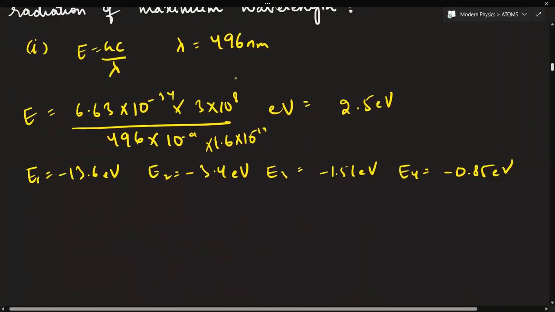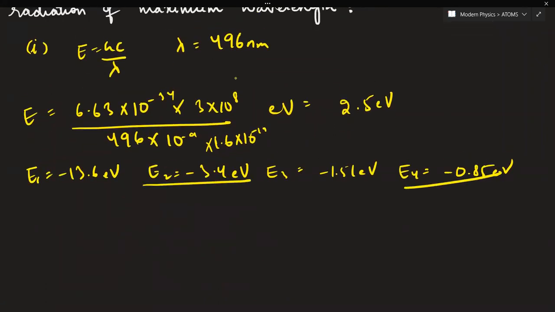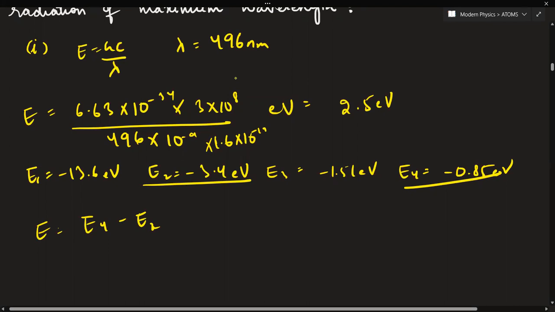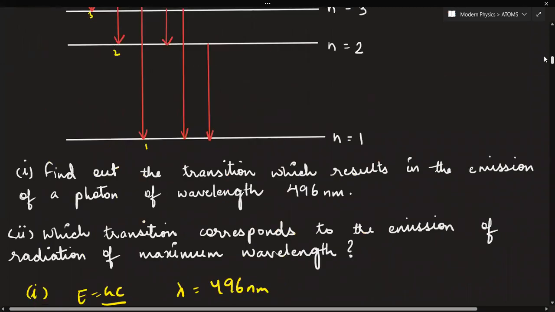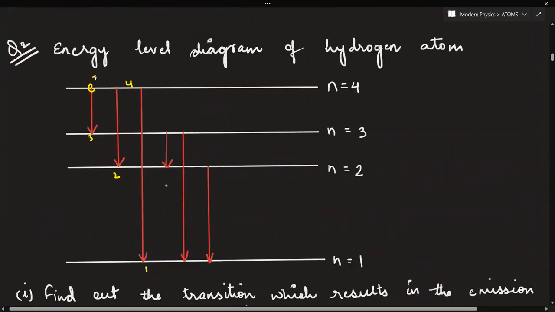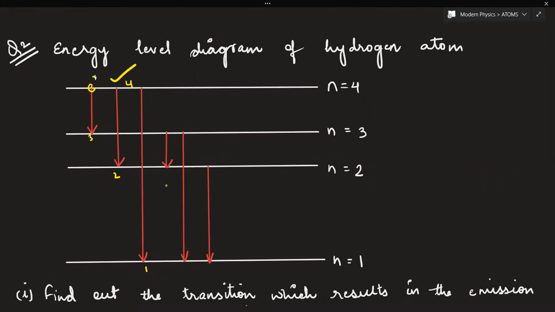If you subtract E4 minus E2, that is minus 0.85 minus (minus 3.4), so this will be around 2.55, or 2.5 electron volt. It means the transition is from 4 to 2. Check in the energy level diagram, this one, yes, from fourth to second. So that's how you solve such kinds of questions.